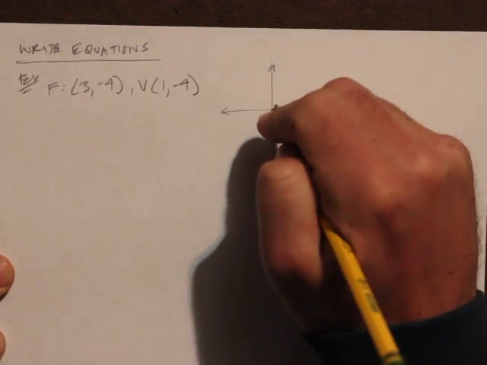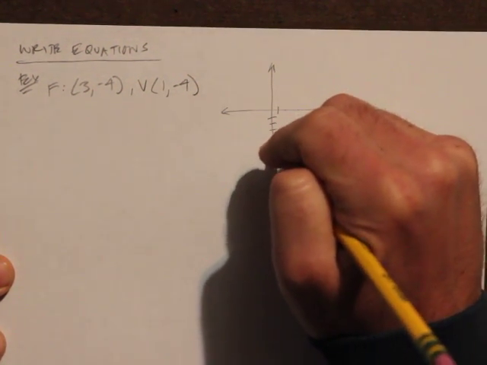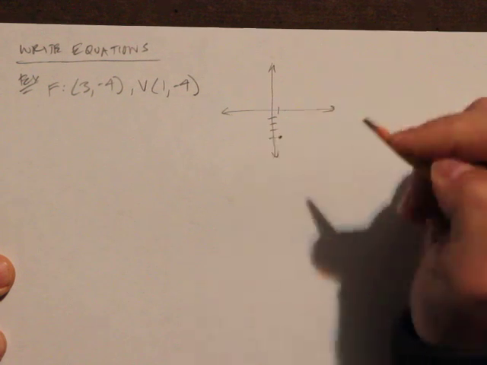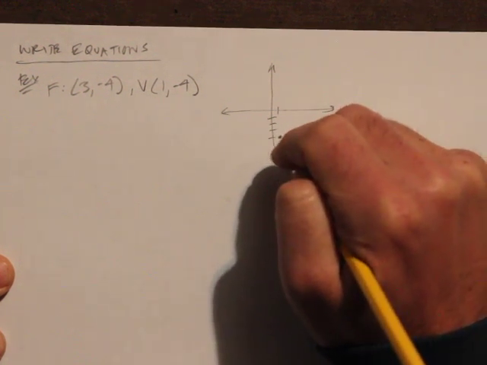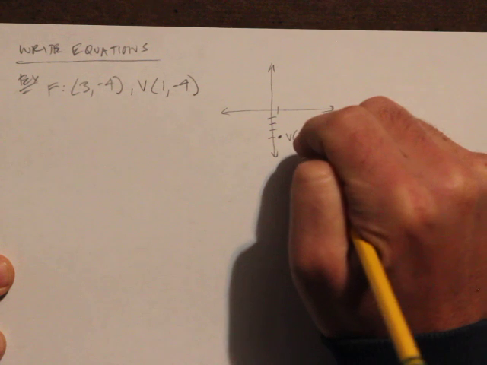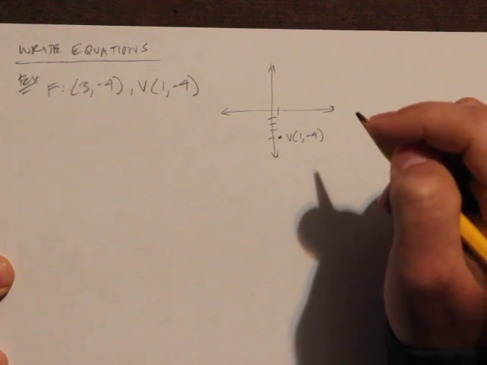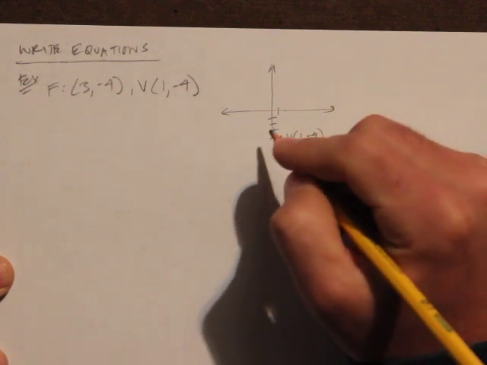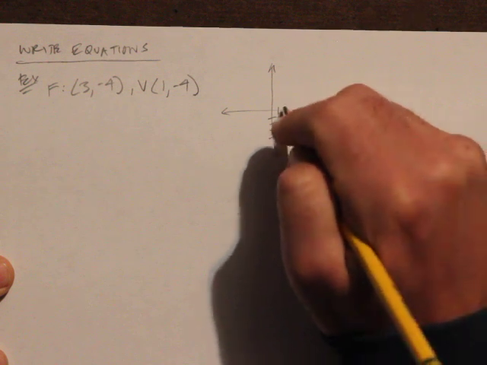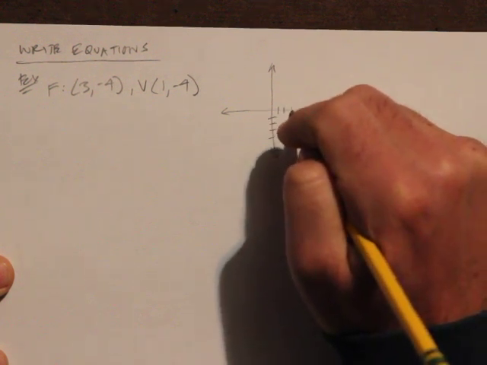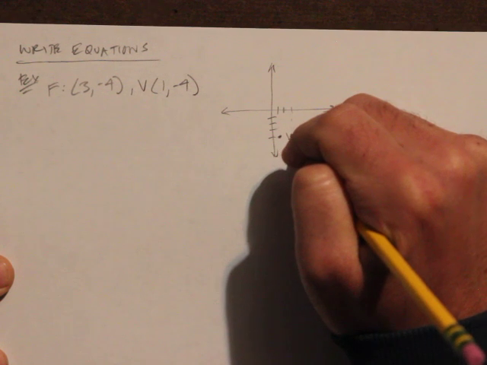So my vertex is (1, -4). There's my vertex. And my focus is (3, -4). 1, 2, 3, oh, -4 is right there.